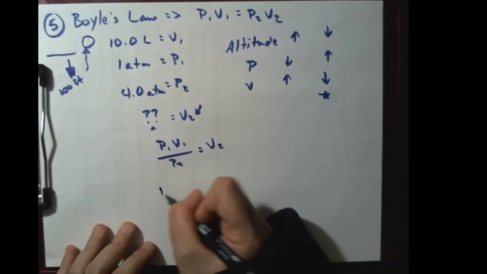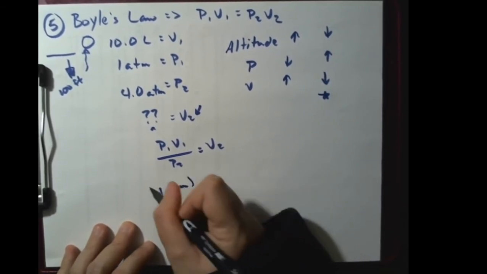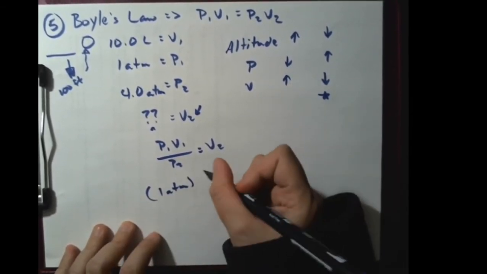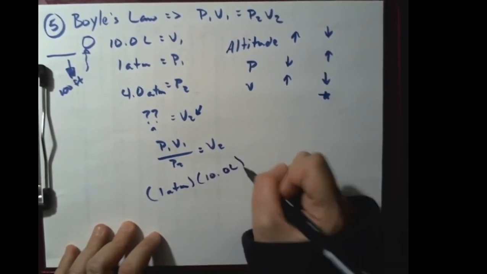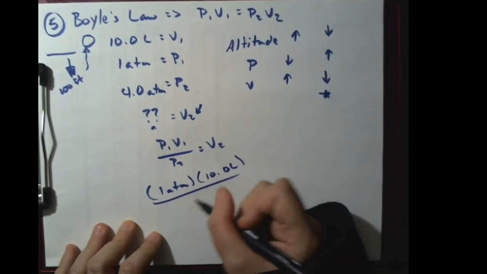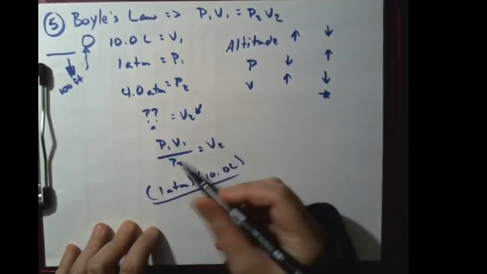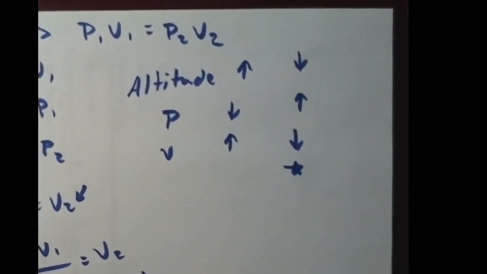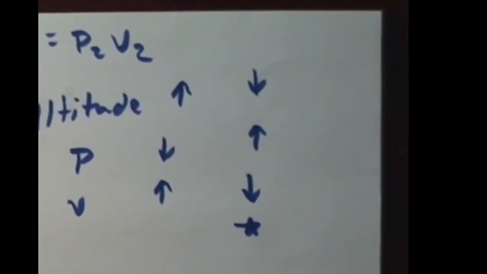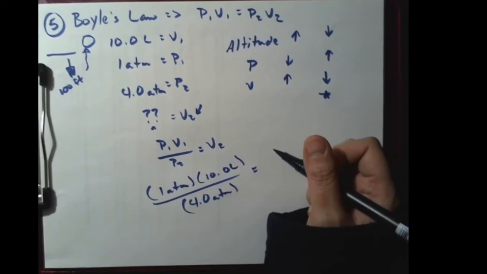Now we have 1 atmospheric pressure because it was at the surface, standard, and then we're going to multiply that by the initial volume of our balloon, divide that by the pressure that's 100 feet below surface level, which is 4 atmospheric pressures, and then let's just do the calculations really quick.